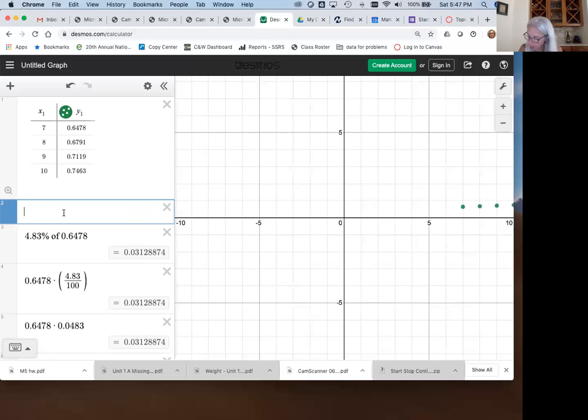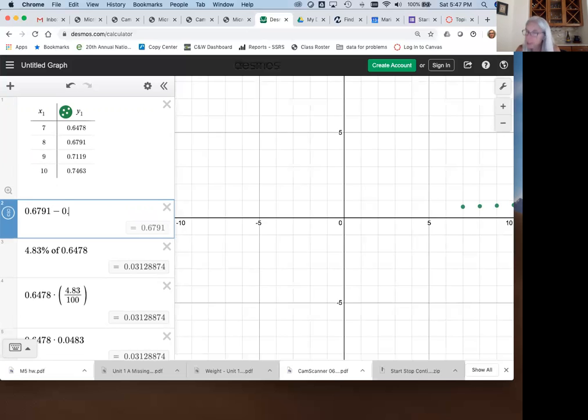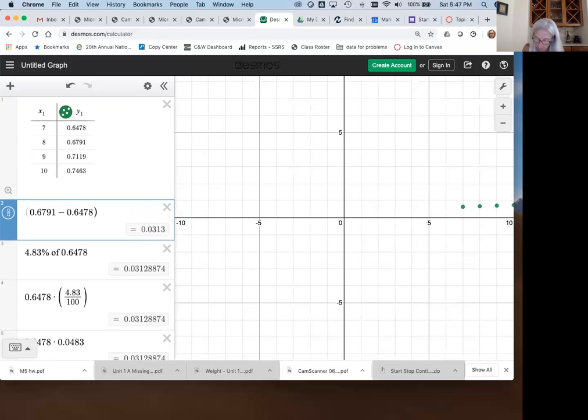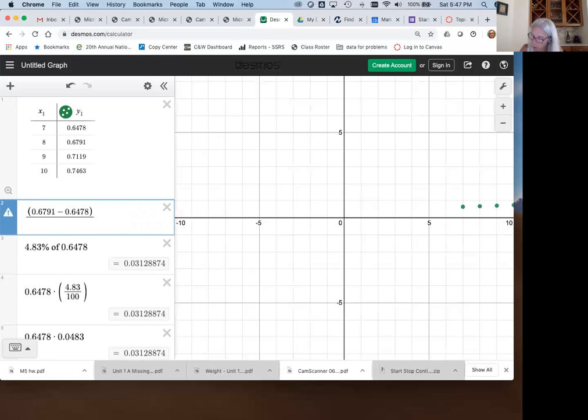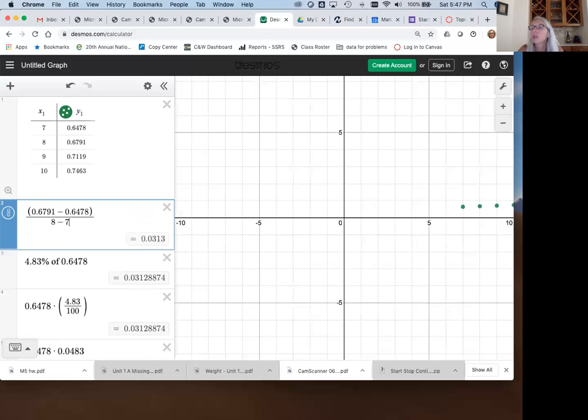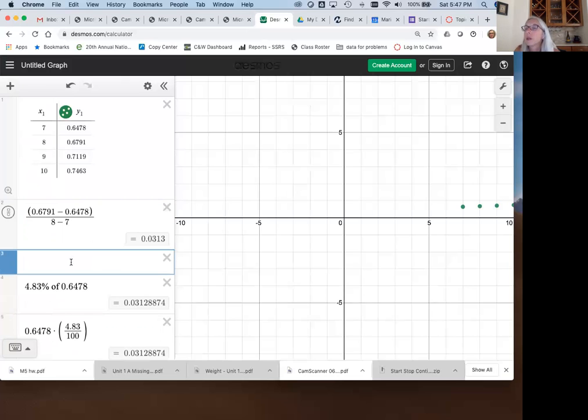So here I'll take this 0.6791 and subtract from that the 0.6478, and that's my change in my output. I divide that by the change in my input, which is just 8 minus 7, which is 1, and I get that for the rate of change between the year 2017 and the year 2018. Let's look and see what the rate of change is between the year 2018 and the year 2019.